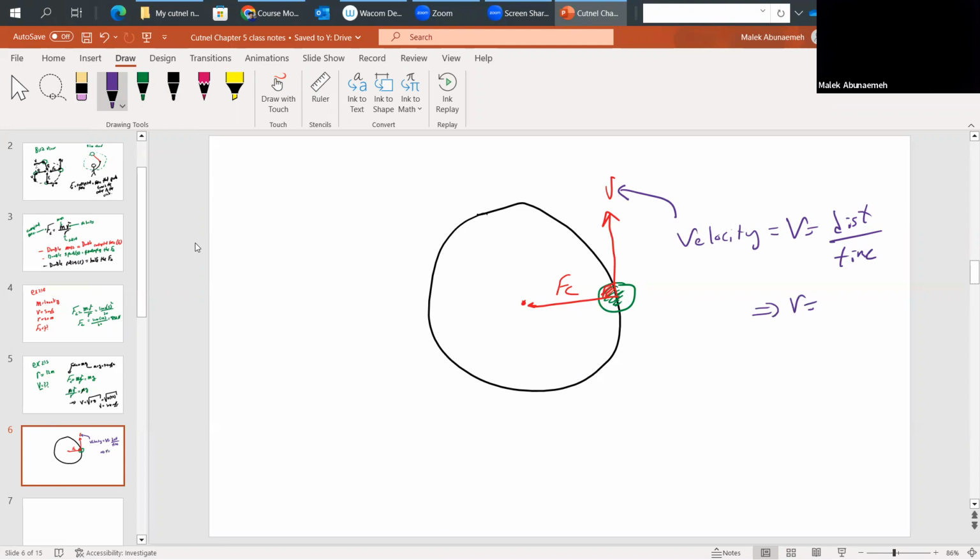Now, your distance that you're going, what is the distance? Well, you're starting from one point, going around, and going back in the circle. So your distance is actually the circumference of the circle.